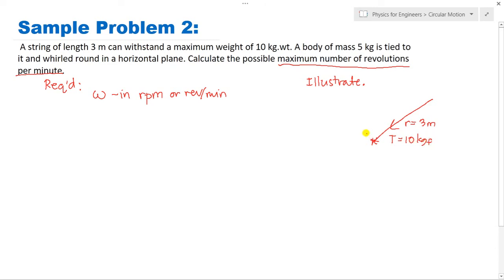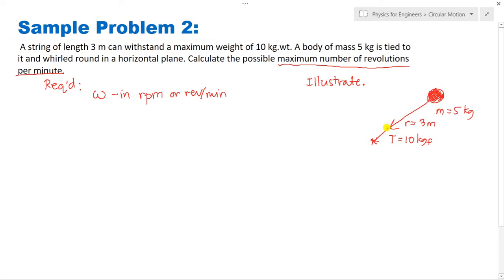Pag sinasabing kilogram weight, that is in kilogram force. Then a body of mass 5 kilogram is tied to it. So dito meron tayong body, it has a mass of 5 kilograms. Then it's tied to it around the horizontal plane. So calculate the possible angular speed.